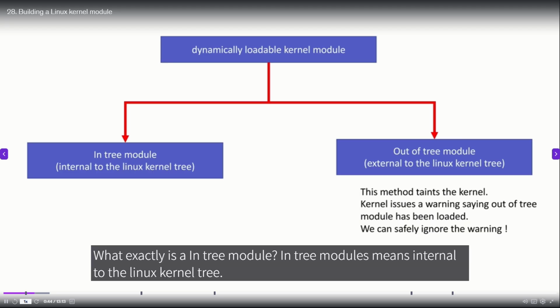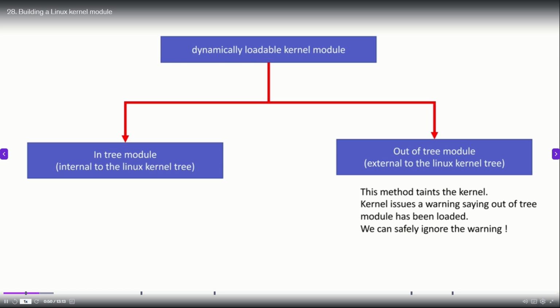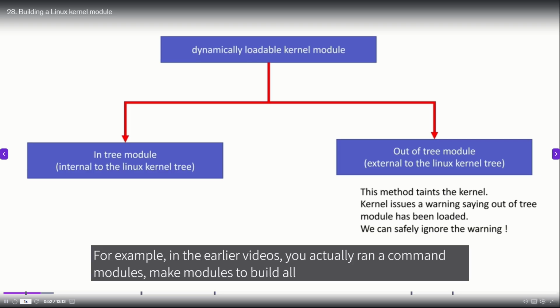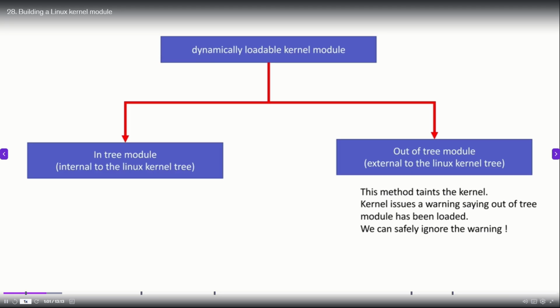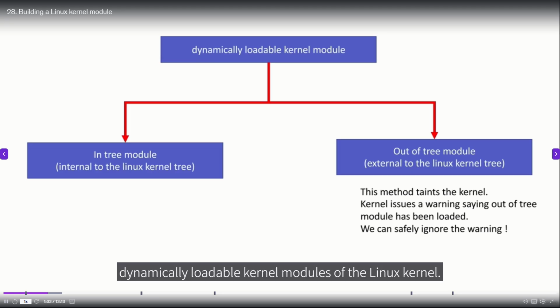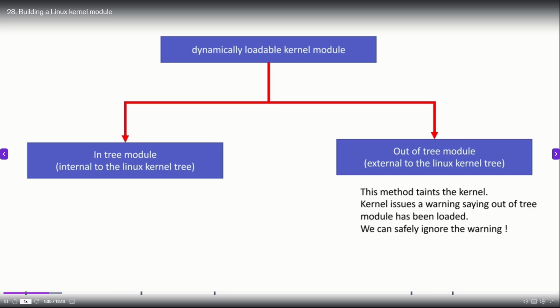What exactly is an in-tree module? In-tree modules means internal to the Linux kernel tree. For example, in the earlier videos, you ran the command make modules to build all dynamically loadable kernel modules of the Linux kernel.